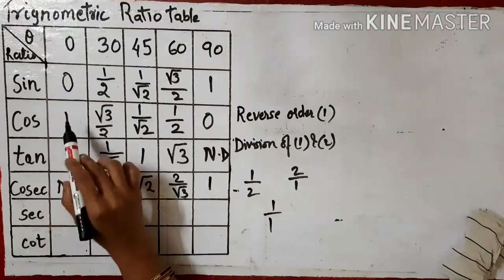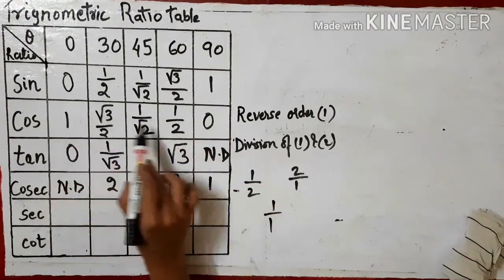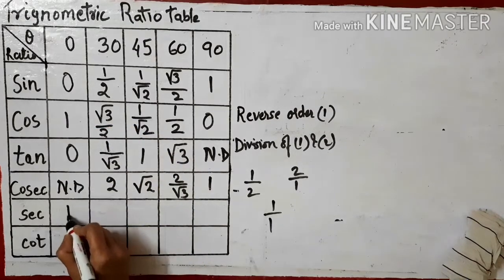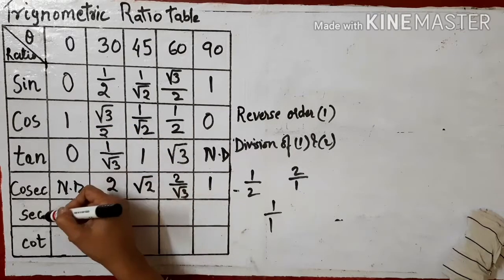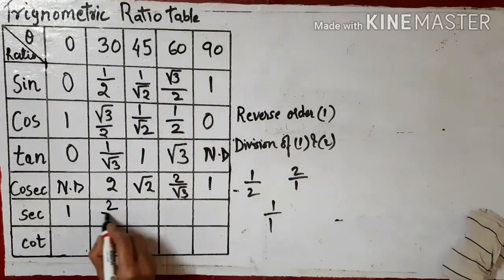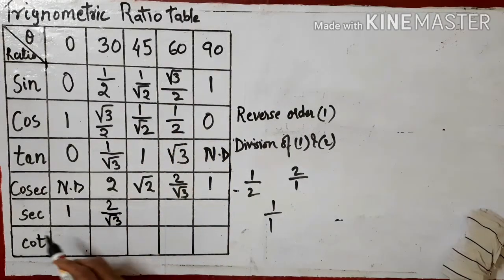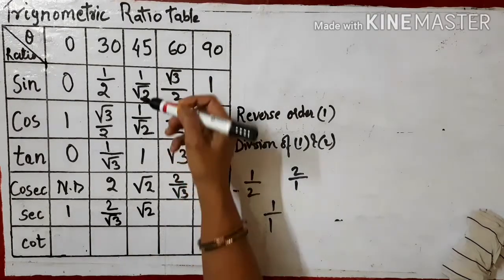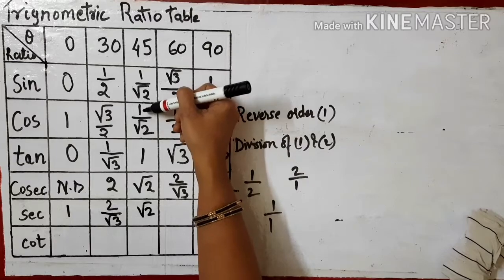Similarly, sec will be reciprocal of cos. So it will be 1 upon 1. So it will be 1. Sec of 30 will be 2 upon root 3. Sec of 45 will be root 2 because it is the reciprocal of 1 upon root 2.